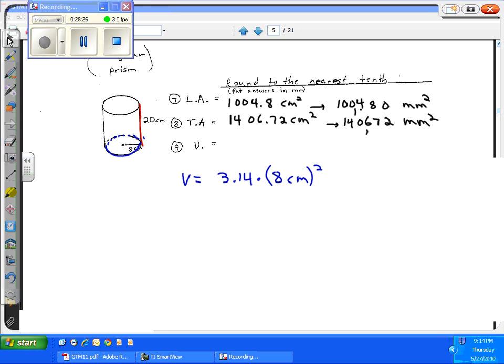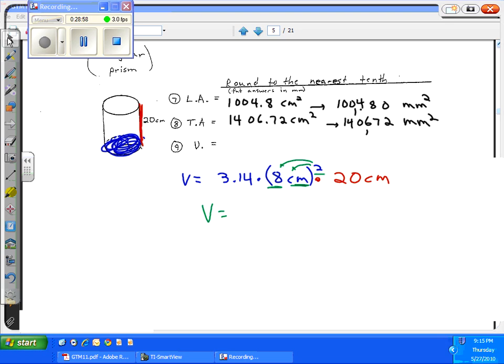That's like having this. And then we're going to fill it up, multiply by the height, 20 centimeters. Okay? And so we're going to have volume is, we're going to have to square the 8 and square the centimeters because that distributes.